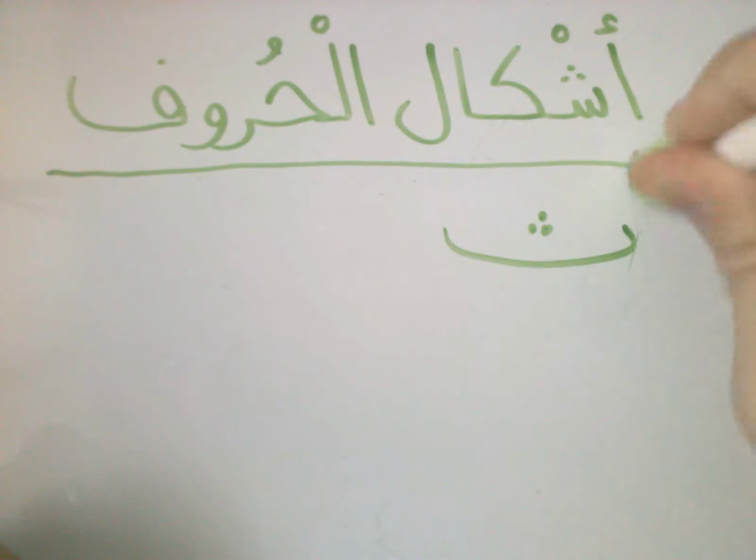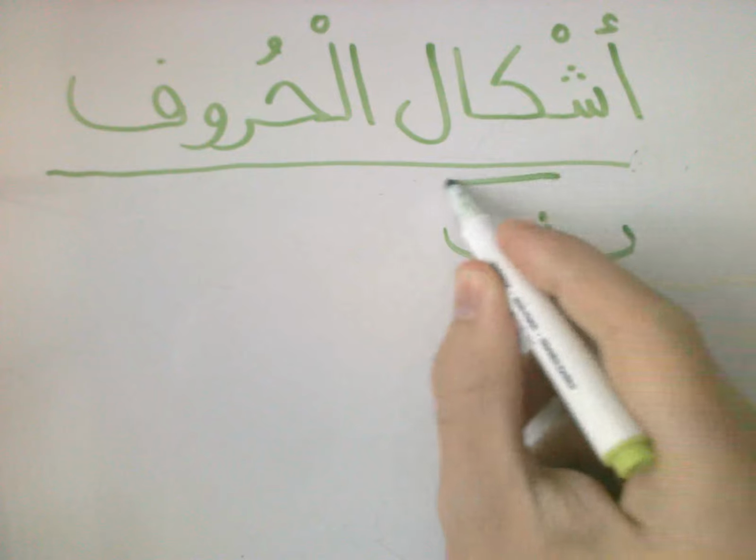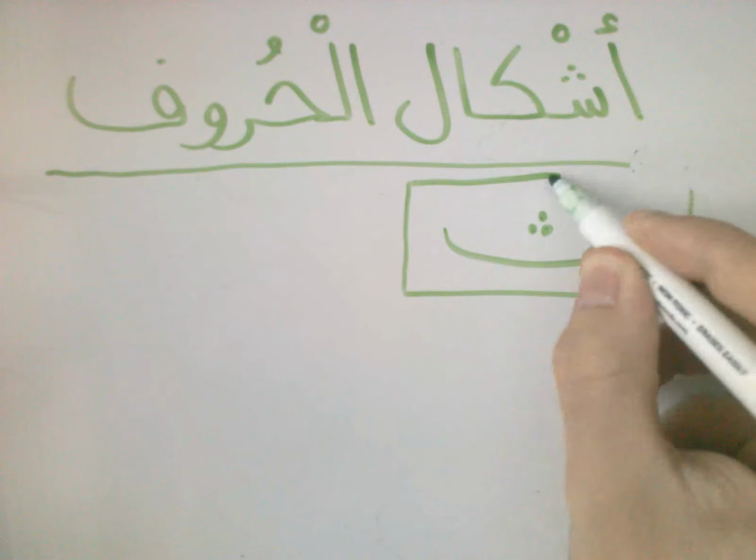So it remains detached. And this is exactly how that would look. Even if you're writing it in a word, it does not always connect. So this is the isolated form that is independent, not attached to any other letter.